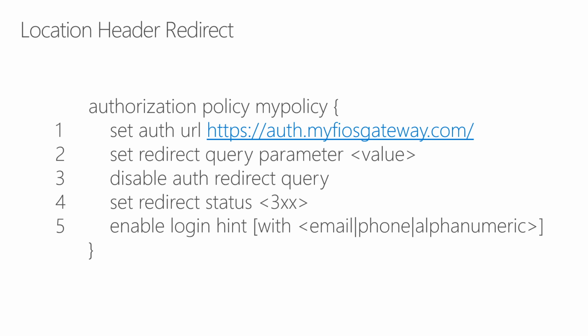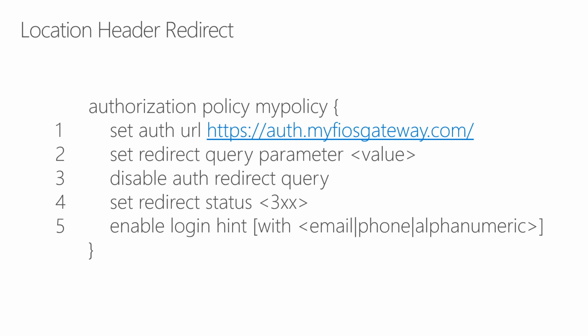That query parameter could be set with line number 2. You can provide a different value. With line 3, you can disable the redirect query. So it will just plainly drop a person at the URL without doing anything else.